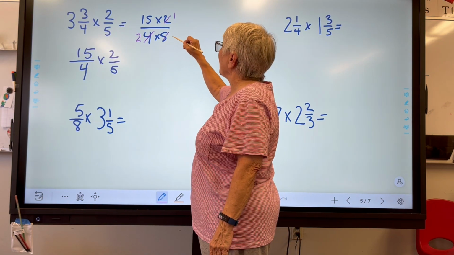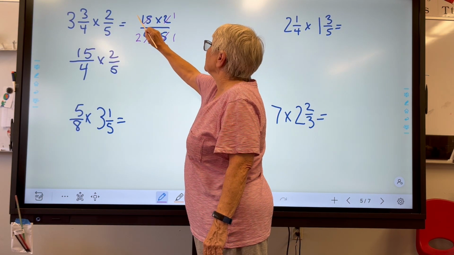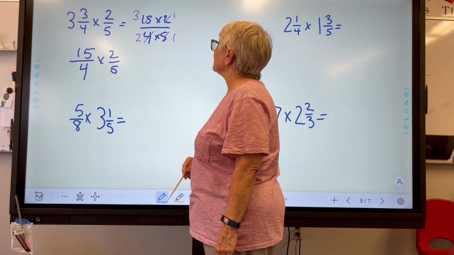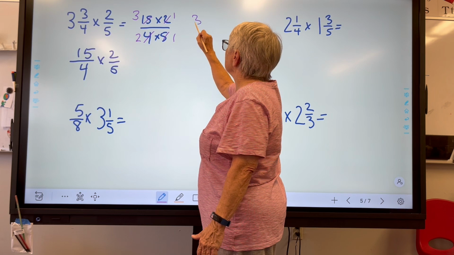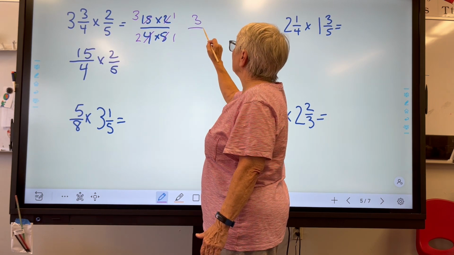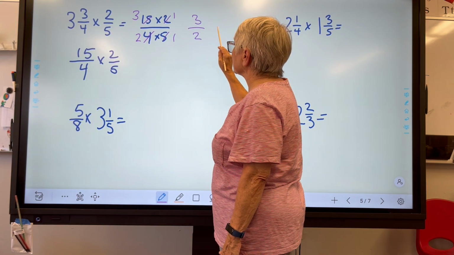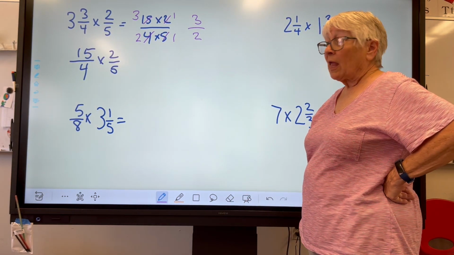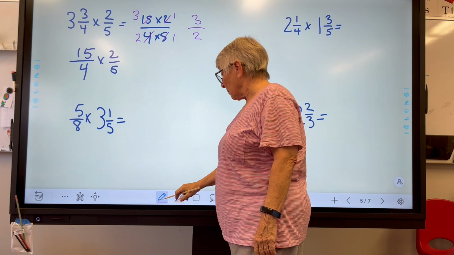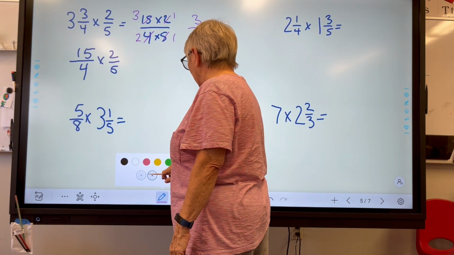So 5 goes into 5 one time, 5 goes into 15 3 times, and then we multiply. 3 times 1 is 3. 2 times 1 is 2, but that is an improper fraction. And we need to turn it back into a mixed number. So let's do that.